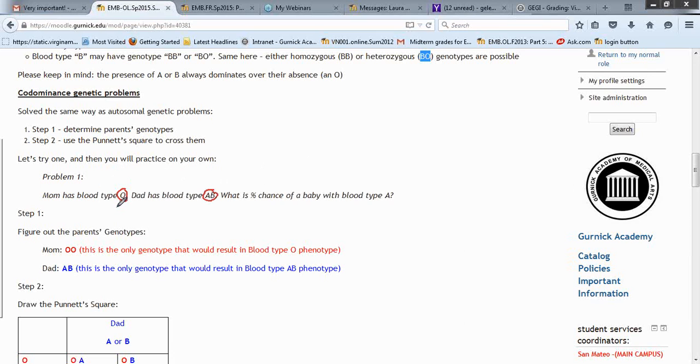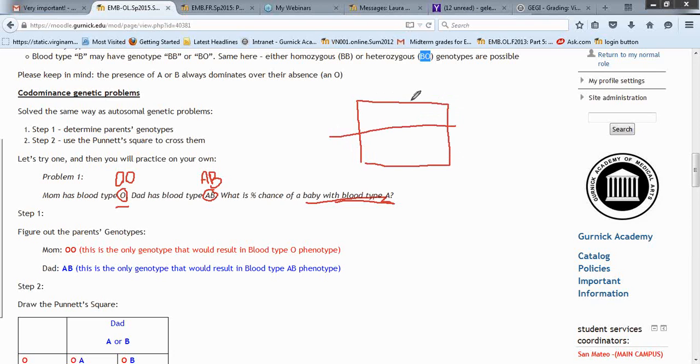Well, for mom to have blood type O, the only way is to have a genotype of O and O. Blood type AB is possible only if you have genotype AB. That's it. Okay. What is the percent chance of having a baby with blood type A? So pretty straightforward. We do the Punnett square.